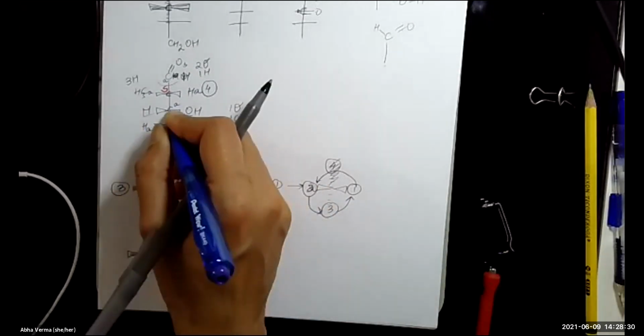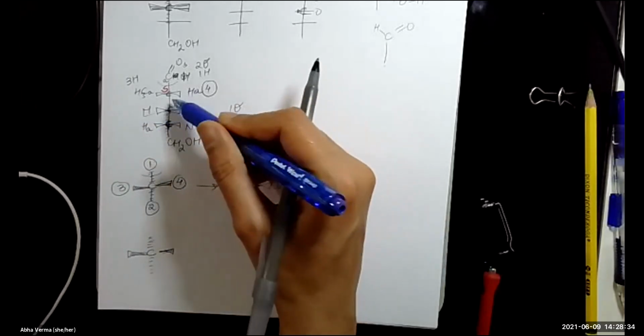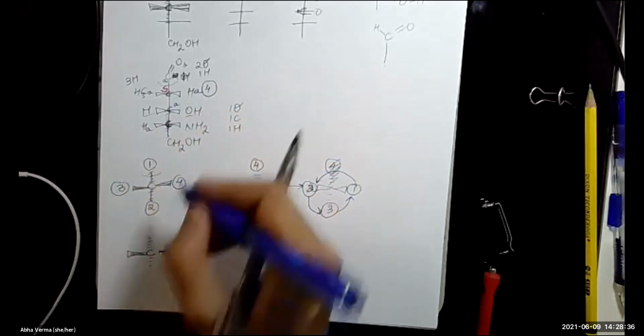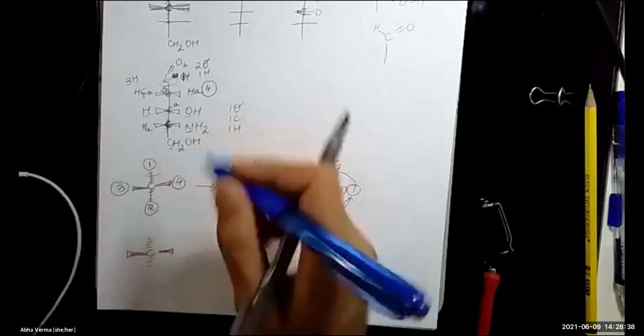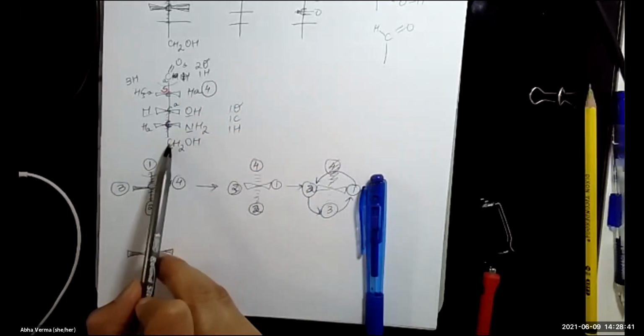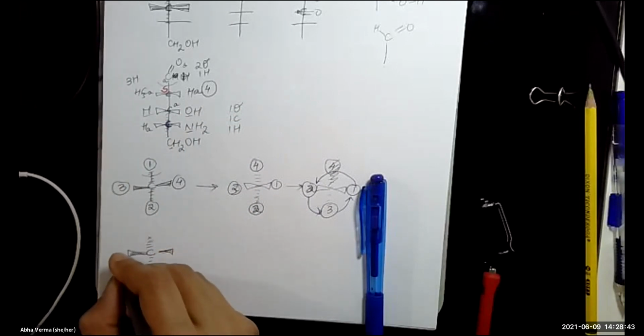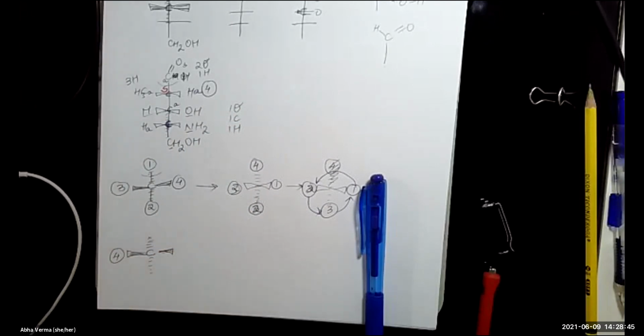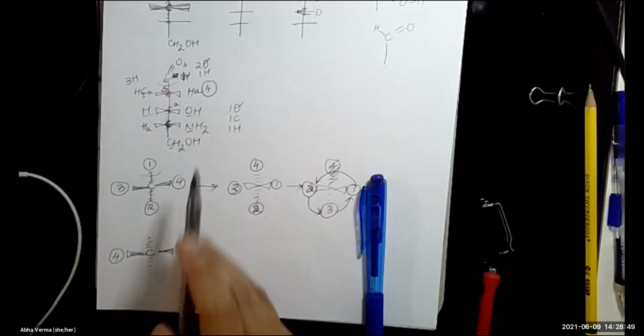This is my atom A. For this carbon, this is also atom A, and this is atom A, this is atom A. Between nitrogens, carbons, and hydrogens, hydrogen is going to be my number 4. NH2 is going to be my number 1.